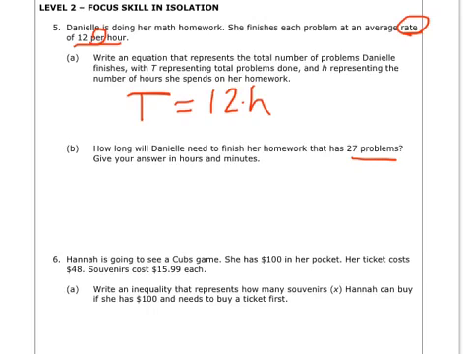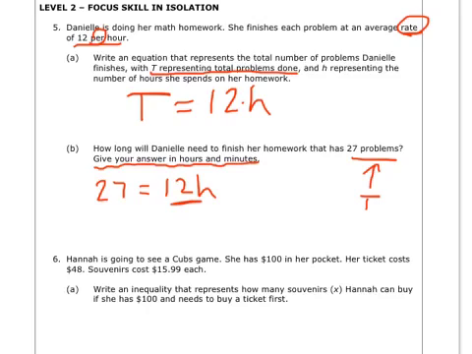So you need to figure out, is that T or is that H? Since T represents the total problems done, it's T. So we're going to put in 27 equals 12H, and we want our answer in hours and minutes.